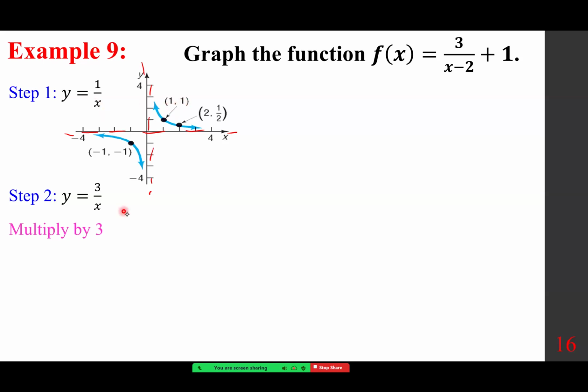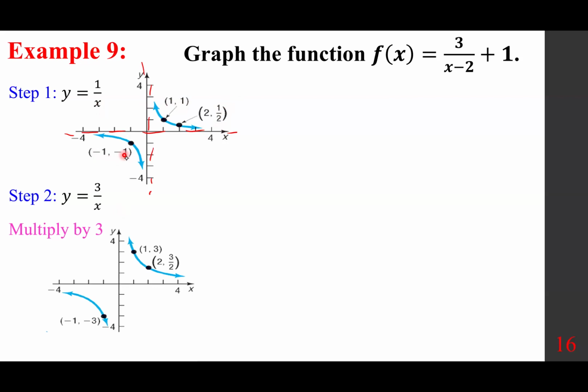That's the idea. You stretch it by a factor of 3. So 1, this one 1 times 3. 2, this one 1/2 times 3. Negative 1, this one negative 1 times 3. And you get those 3 pairs, again, as an example.